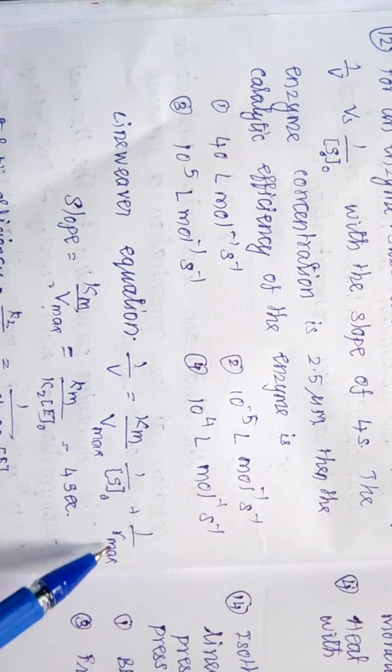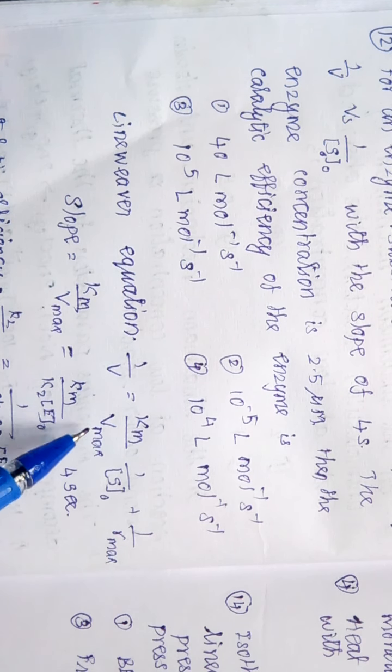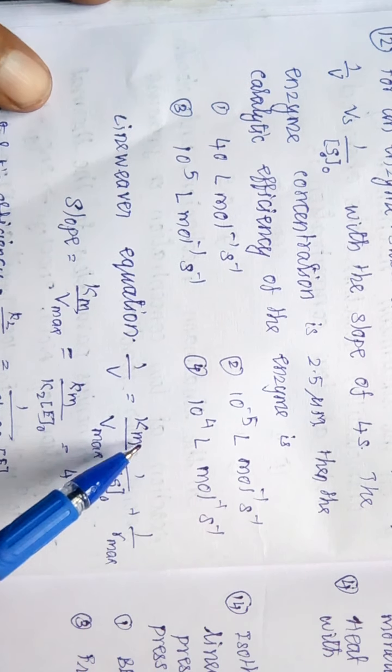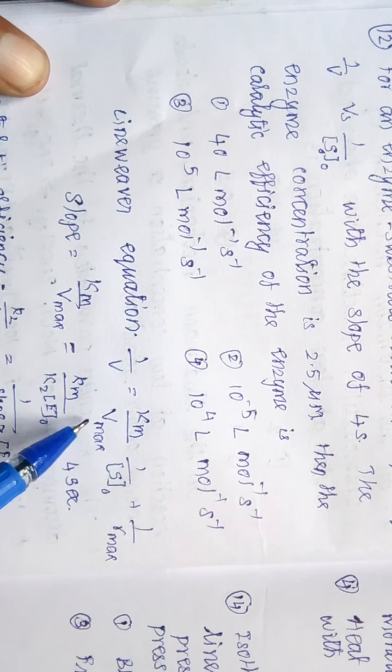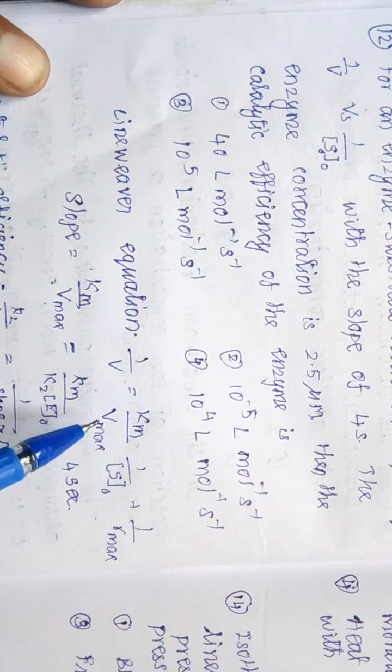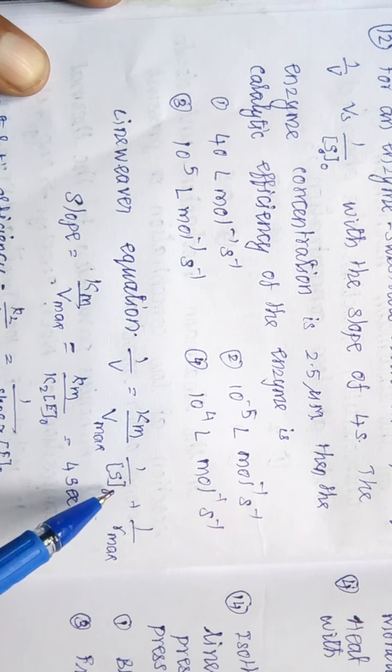Km is the Michaelis constant, and Vmax is the maximum velocity under particular specified conditions. S naught is the initial concentration of the substrate.